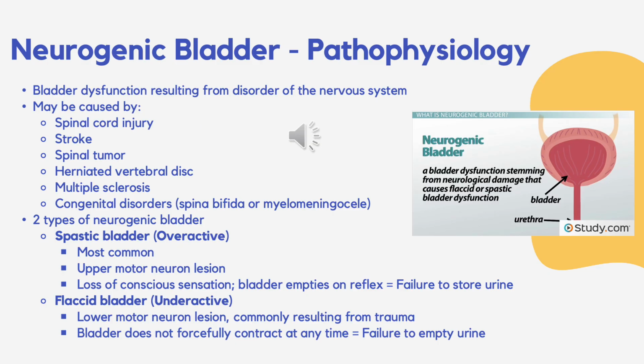So when the bladder fills, the sensory signals that would normally alert the brain of fullness can't be perceived. However, because the voiding reflex arc remains intact, the bladder is still going to empty reflexively, oftentimes without the patient's conscious control.